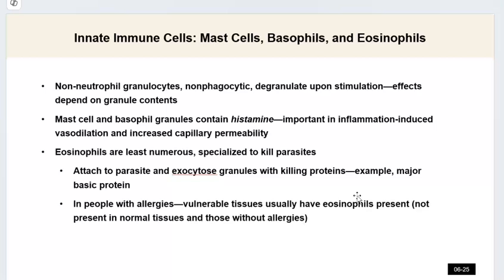But eosinophils have a critical role in allergy and hypersensitivity reactions because they tend to participate in the late phases of allergic responses. So, for example, in asthma, eosinophils in the lung is what contributes to airway hyperresponsiveness, then extra mucus production, tissue damage, and then airway remodeling. Not a good thing.